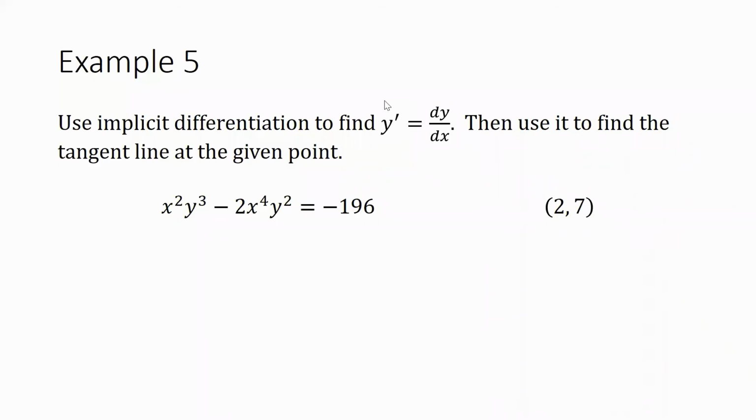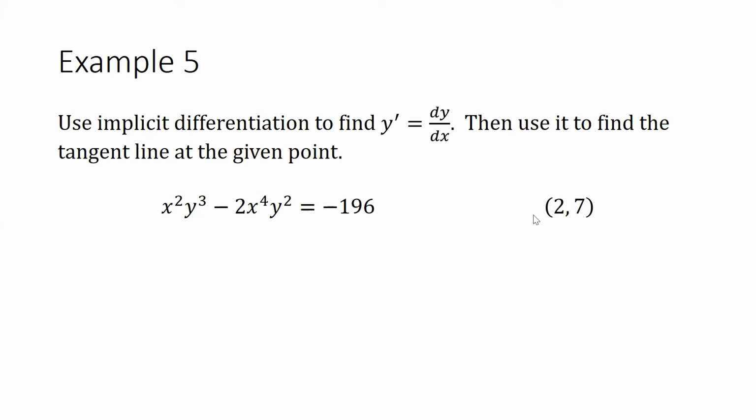Let's do another example. We're going to use implicit differentiation to find the y prime, the change in y over change in x. And then we're going to use that to find the tangent line at the given point on this equation. So this equation is x squared times y to the third minus 2x to the fourth y squared equals negative 196.